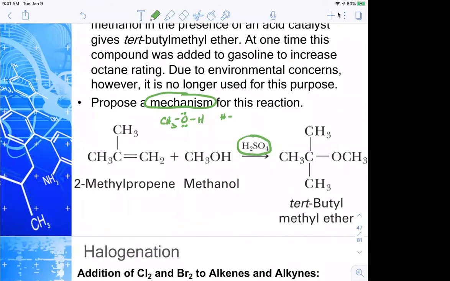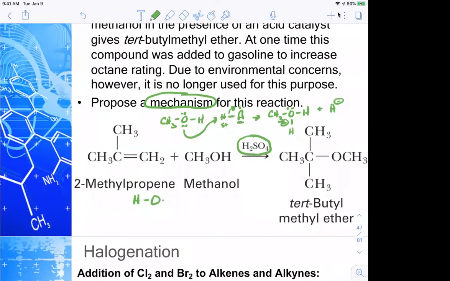And this is my acid, and I'm just going to leave this generic. This is partial positive, this is partial minus. So my alcohol is going to protonate just like water did, and I'm going to form this oxonium ion, which is very electrophilic. And I'm just going to get A minus. So that is the species that is going to react with my alkene.